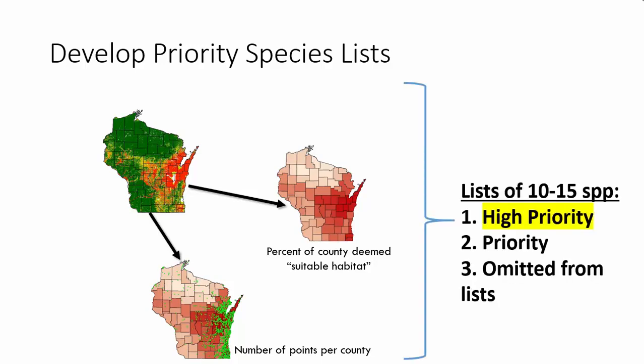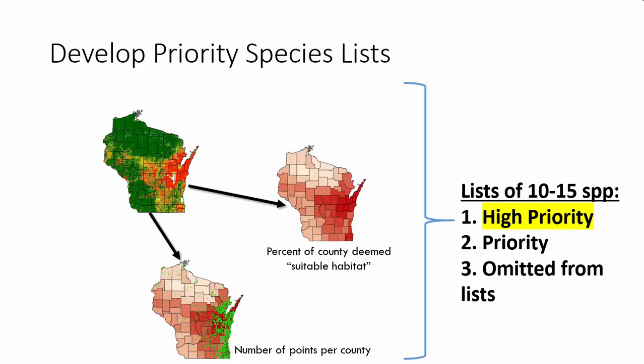So we take this information and we can put them into priority species lists. Essentially, these are just short lists of 10 to 15 species that have some sort of priority within a given county. And we put these species into 3 different bins. They're either omitted from the list because there's no suitable habitat, or it's a very well documented species.